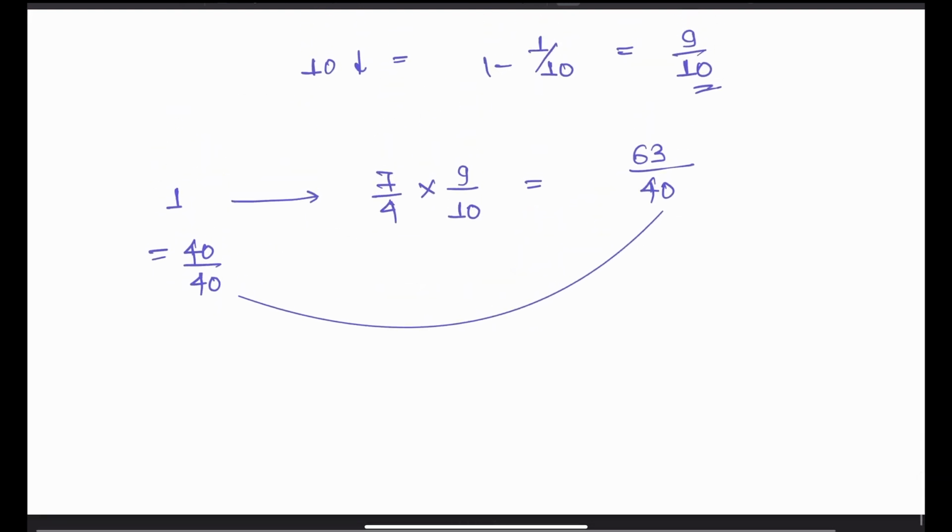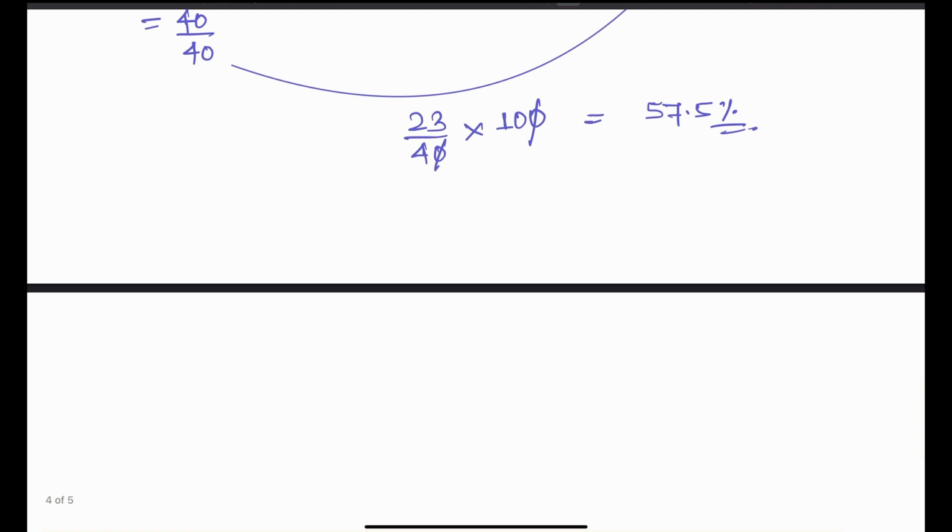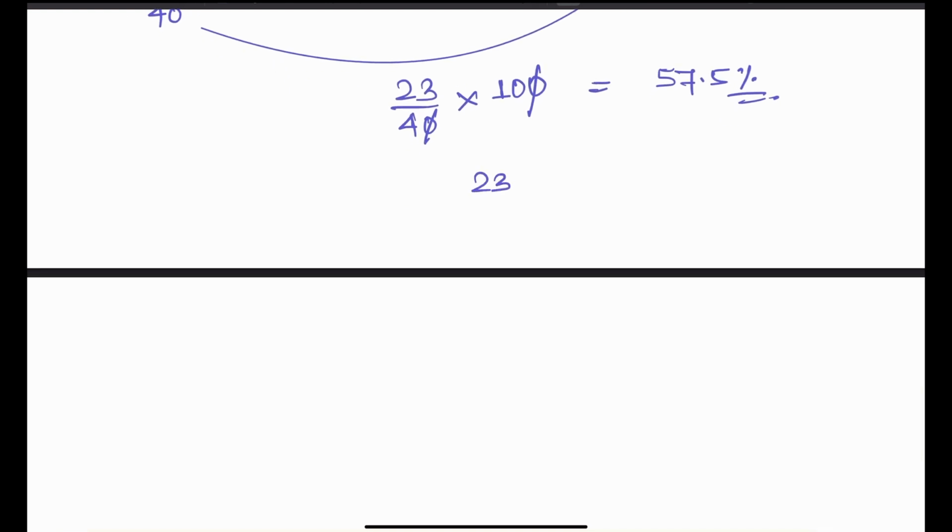So how much is the increase? The increase is 23/40 into 100, which is 57.5 again. It can also be solved by writing 23/4 as 24/4 minus 1/4.